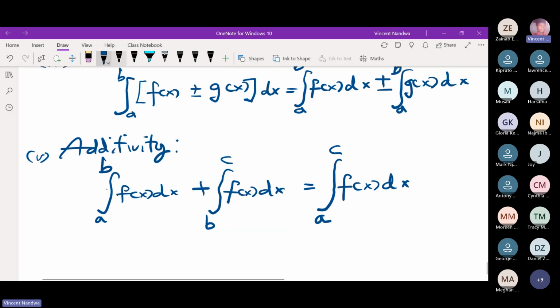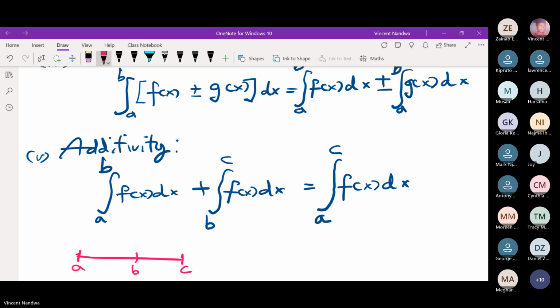This is what we mean here: if you have an interval, if this is a, this is b, and then this is c. b is a point between a and c.